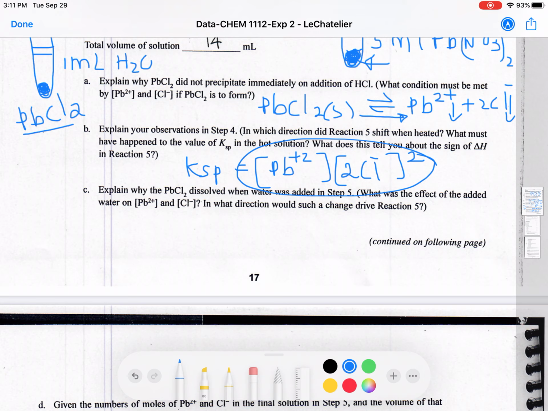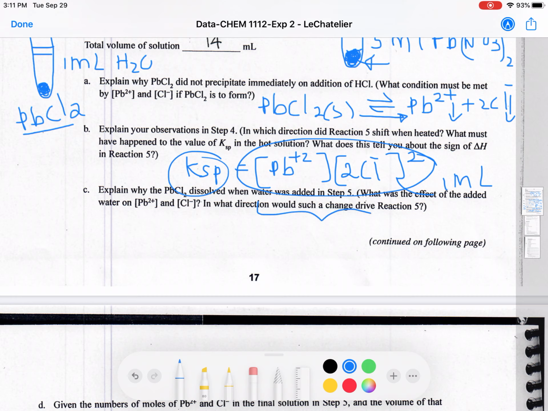When you add just 1 milliliter of hydrochloric acid, there was not enough concentration of chloride being added to reach the Ksp. So when you add 2 milliliters, yes, now it reaches the Ksp value of lead chloride.